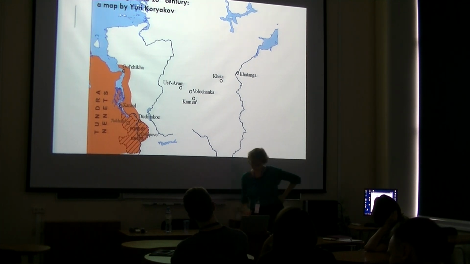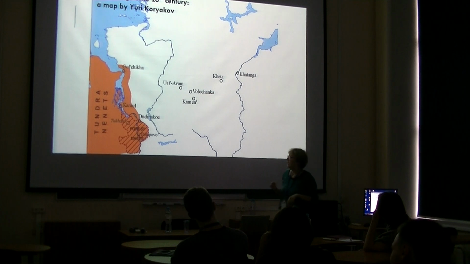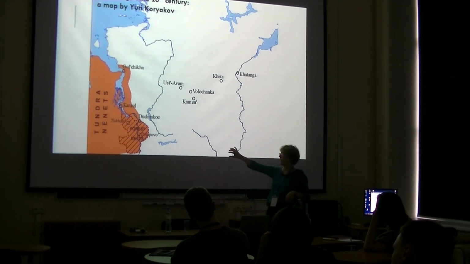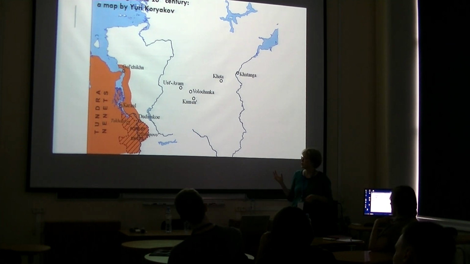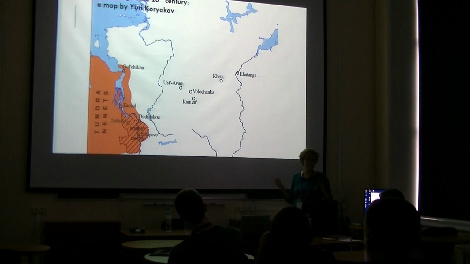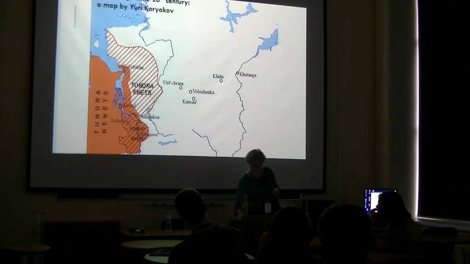Then we have forest Enets here in the southeast of the Tundra Nenets territory. And you immediately see that the territory of the forest Enets in the beginning of the 20th century completely coincides with some part of the Tundra Nenets territory. So the language contact issue immediately pops up here on the very first picture.